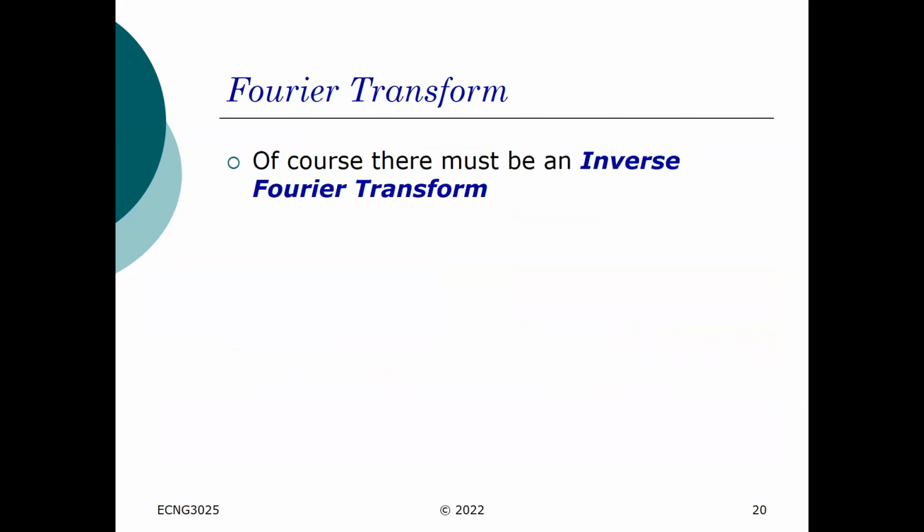All right. And of course, as we mentioned, there's no use having a transform unless you have an inverse transform. Transforms are designed to take you from one space to another, right? But it can't be a one-way ticket, otherwise the transform is useless. So if you have to go from time to frequency, you must have a way of getting from frequency back to time.